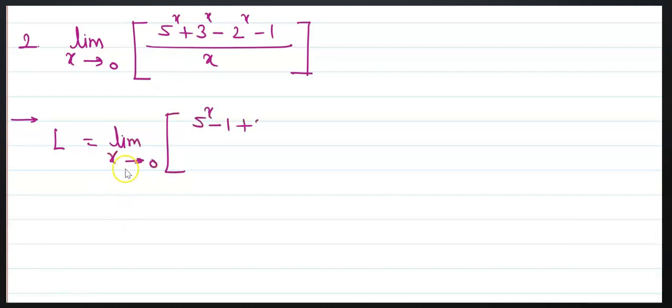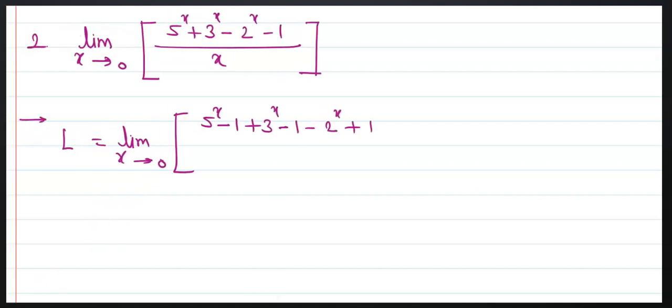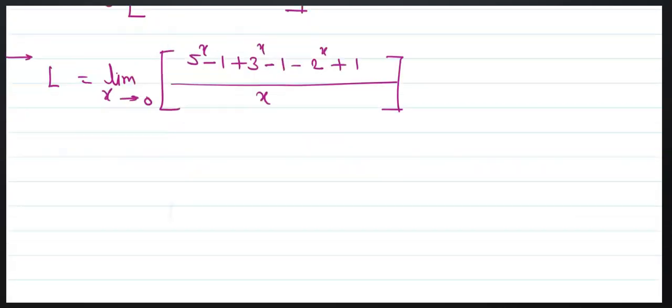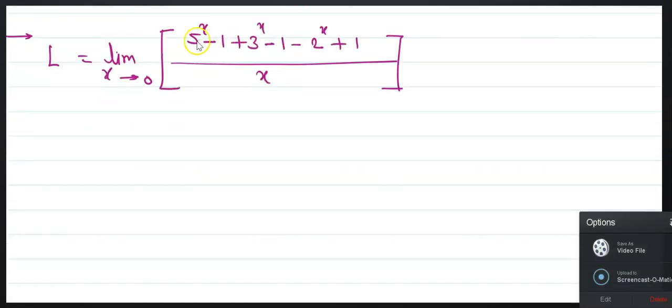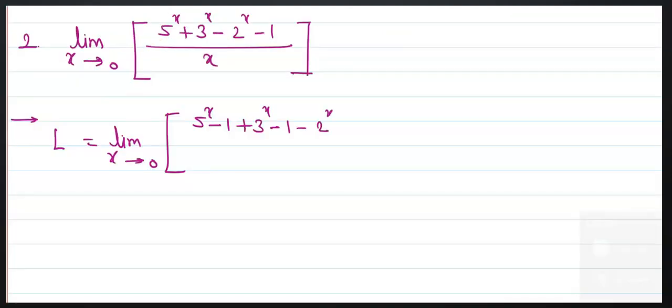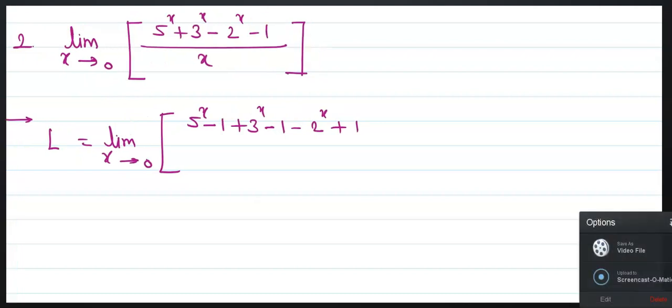Limit x tends to 0, 5 raised to x minus 1. Now see this here, 5 raised to x minus 1. But originally we have only one thing. See this first. What I had done here: 5 raised to x, we required minus 1, plus 3 raised to x, and again this is a minus 1, but 1 minus 1 is extra there.